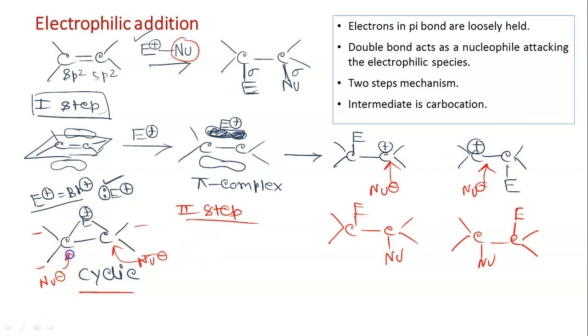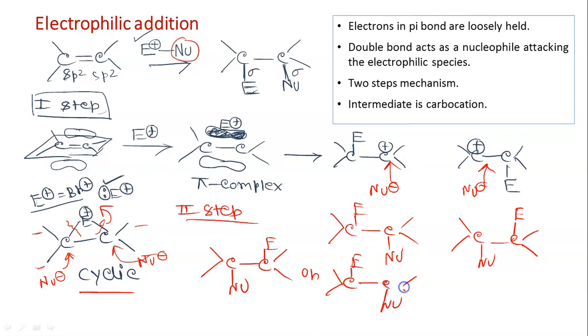So if the nucleophile is attacking the left hand side carbon, this carbon-E bond will be broken, and if the nucleophile is attacking the right hand side carbon, this bond will be broken. So two possibilities, or. So this is the second step.